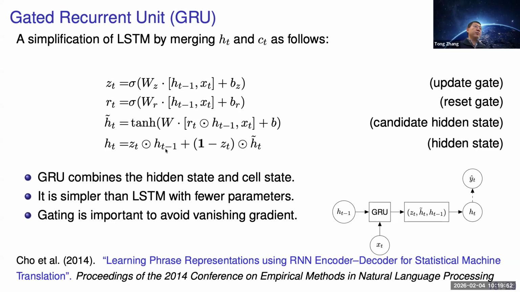The other thing is, do we really need a cell and a hidden state? They say no, we just need a hidden state. So basically, to simplify, no cell, essentially just a hidden state. This gives you the residual-like structure called the update gate, but essentially it behaves like a forget gate.